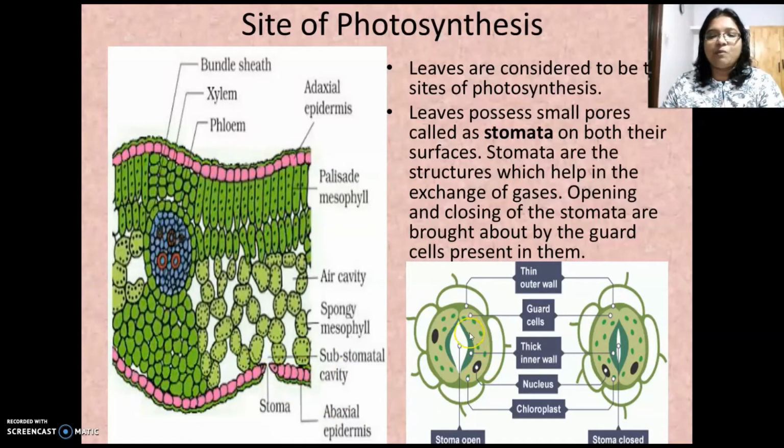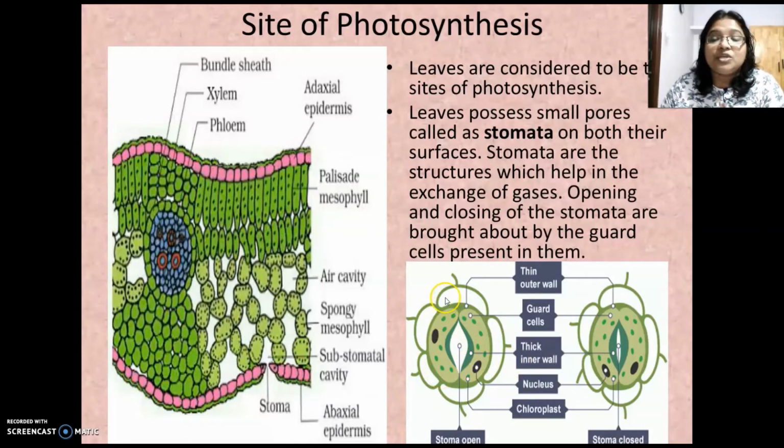See, this is the opened stoma and this is the closed stoma. You know how it opens and closes? Here, these cells are called guard cells. Two guard cells. In dicots, you already studied that guard cells are kidney shaped. And if you see the inner wall of the guard cell, it's thick, whereas the outer one is thin.